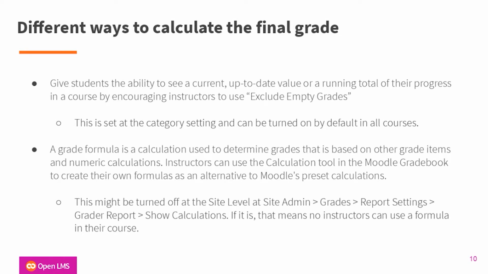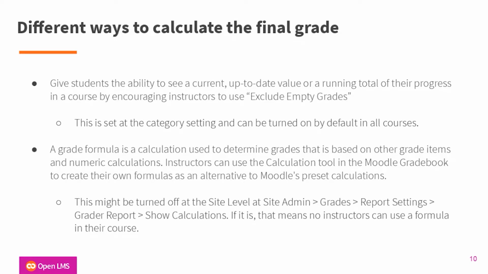The other option, as you may or may not be familiar with, is the edit calculations. With calculating the final grade, I feel like some organizations, especially an administrator who has jumped into a new environment taking over for someone else, might not be aware of these settings.